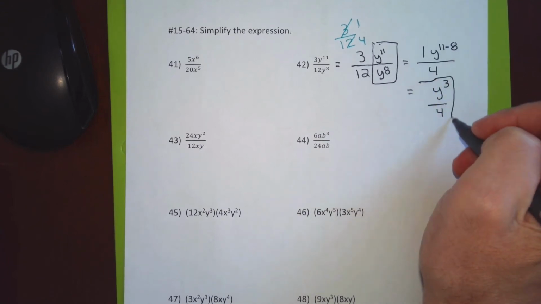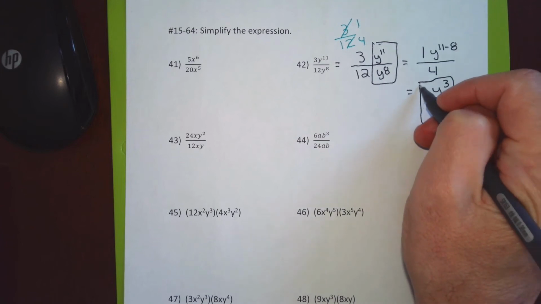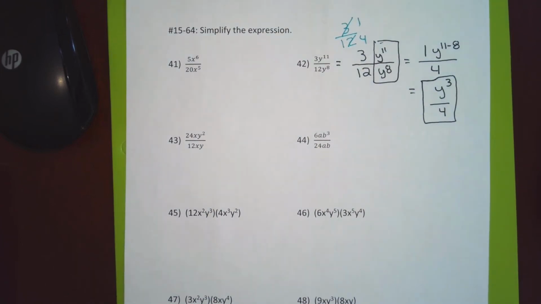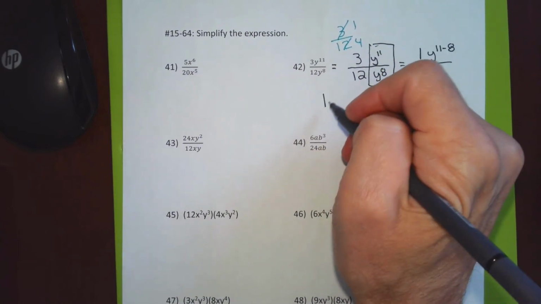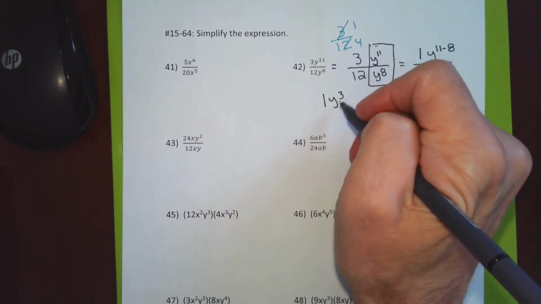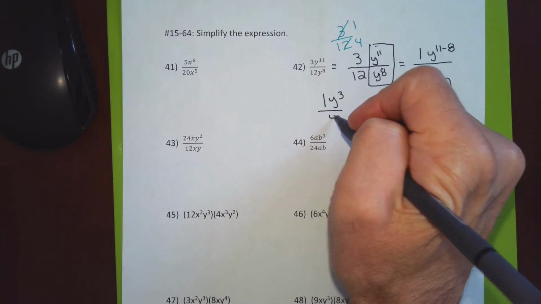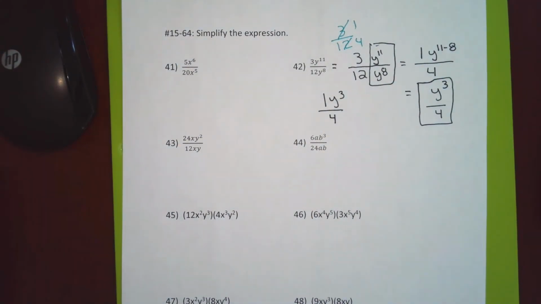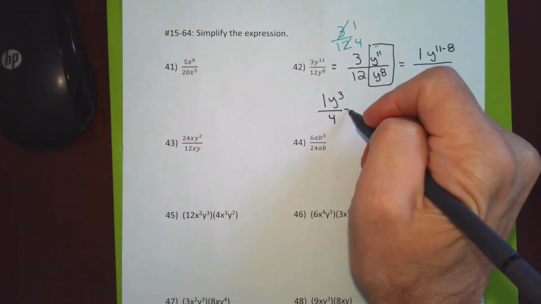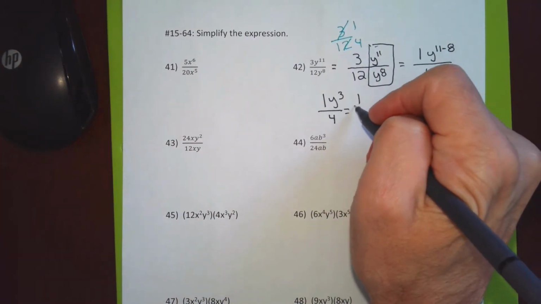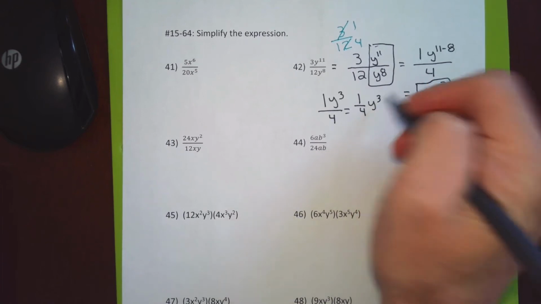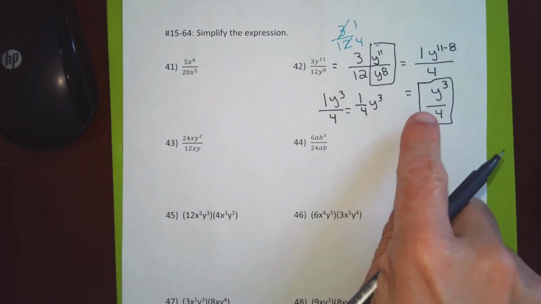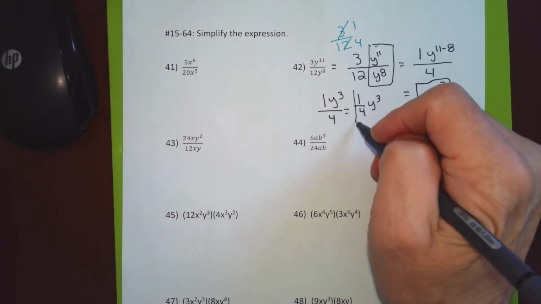It turns out that if you were working ahead, you might have written your answer differently. My numerator that came out really 1 times y cubed over 4. I don't want to get too lengthy here because the videos are going to get kind of long. But if you wrote your answer with the fraction 1/4 to the left of y cubed, this actually equals, and is a correct answer.